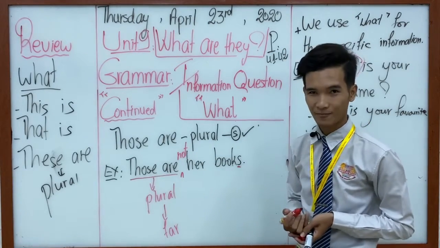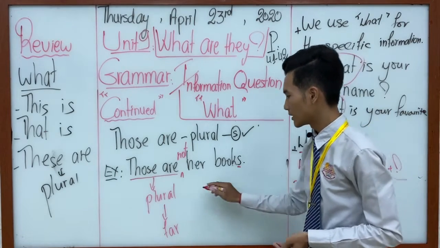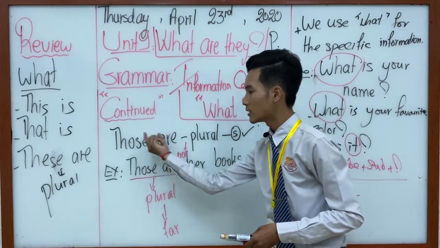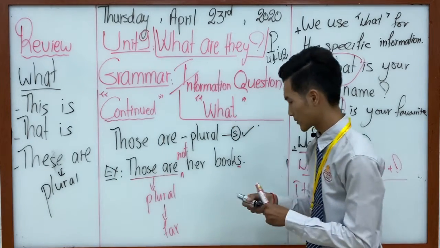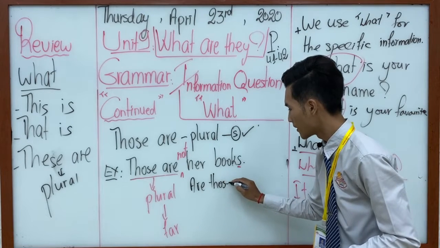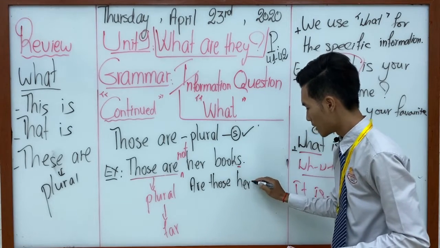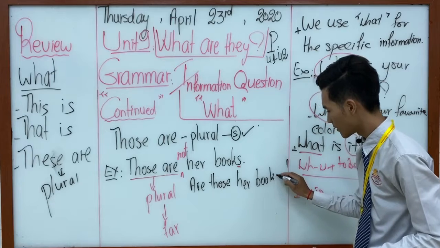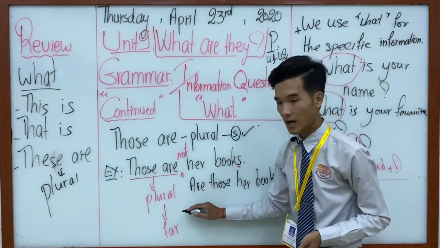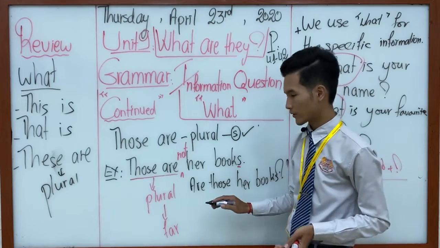How about question? In a general question, we bring are to put in front of those, right? So are those her books? Okay, how to answer? Yes, those are, and no, those are not, right?